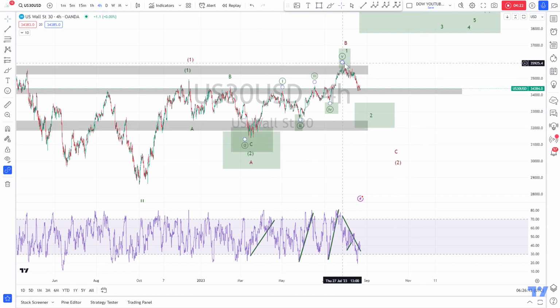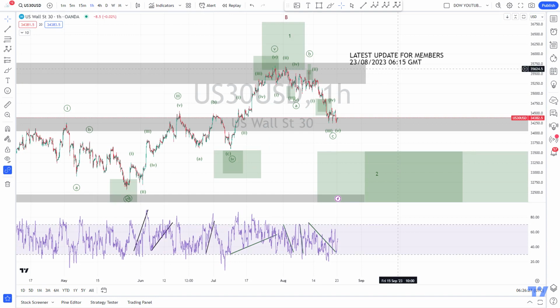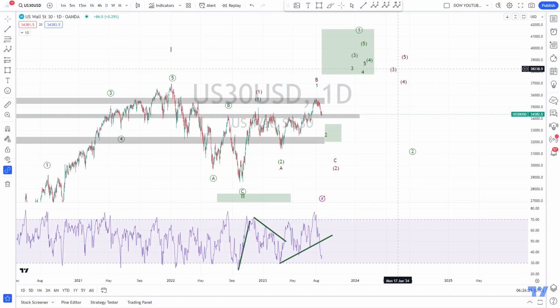And so the reason I believe we have to start like this is the end of something, be it a leading diagonal, or if it cannot be a leading diagonal, be it a corrective structure, here on the daily. So it clearly looks like this cycle here is over.